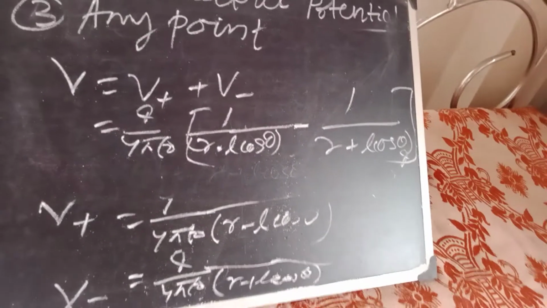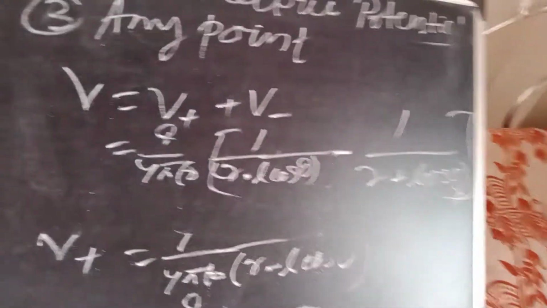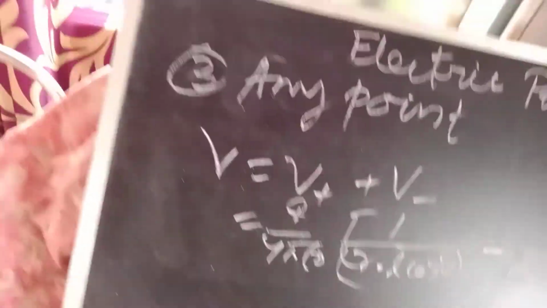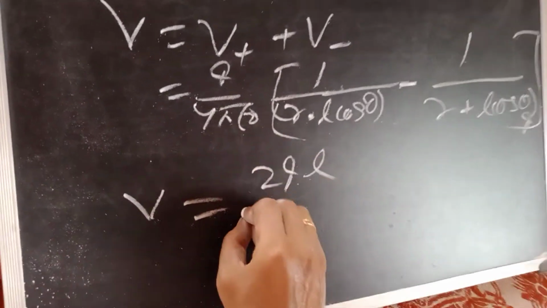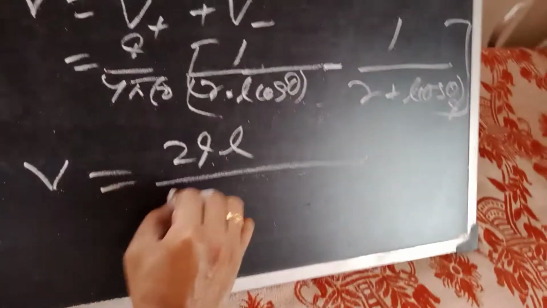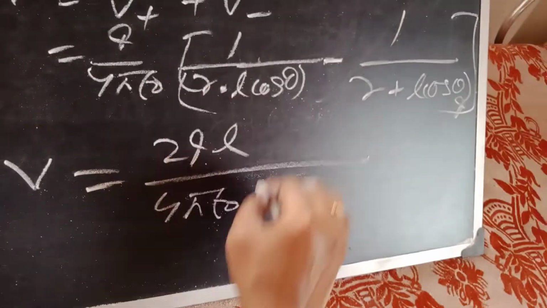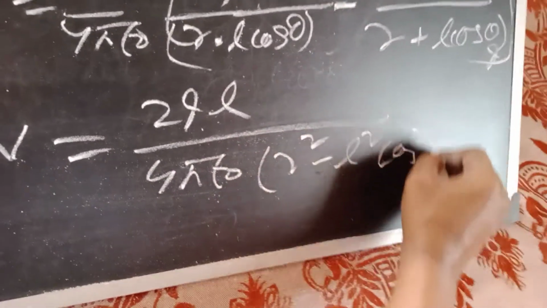After a few lines of calculation, which you can verify on your own, we get V equals 2ql by 4 pi epsilon naught times r square minus l square cos square theta.